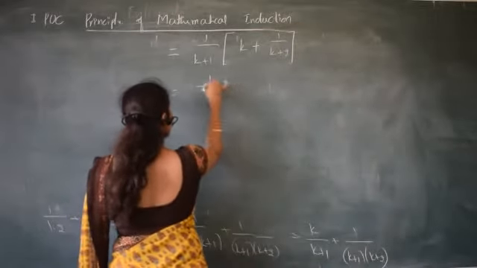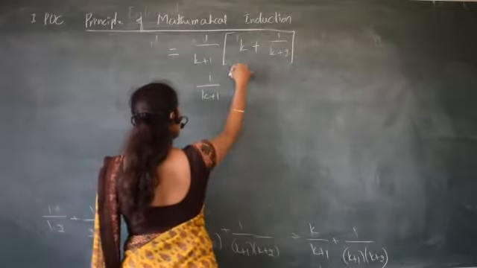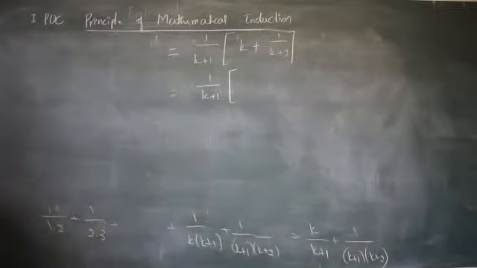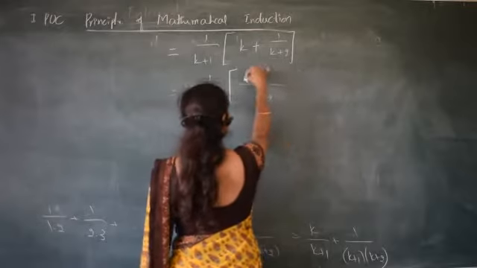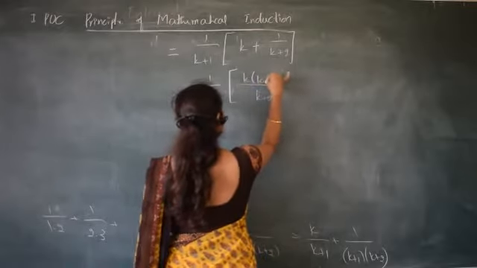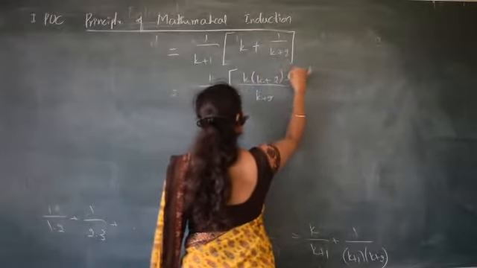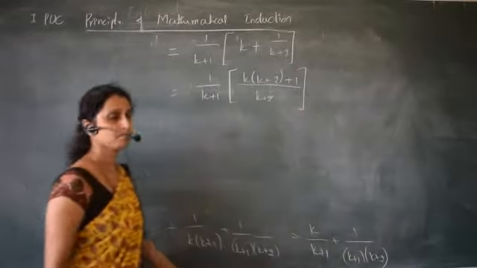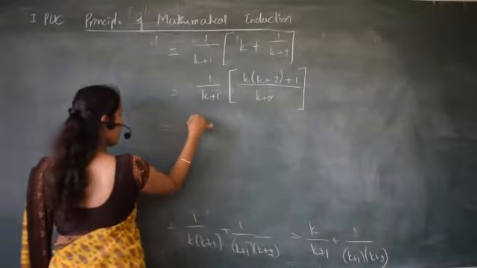Now I'll take k plus 2 as a common denominator. So k plus 2, and here k into k plus 2 plus 1.